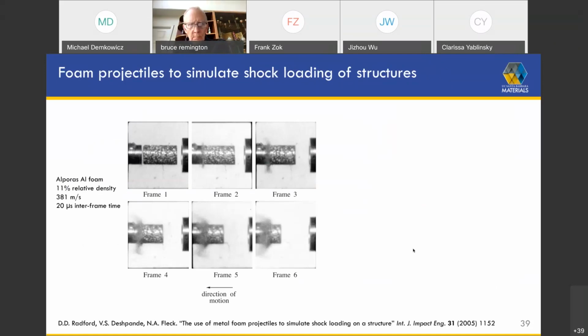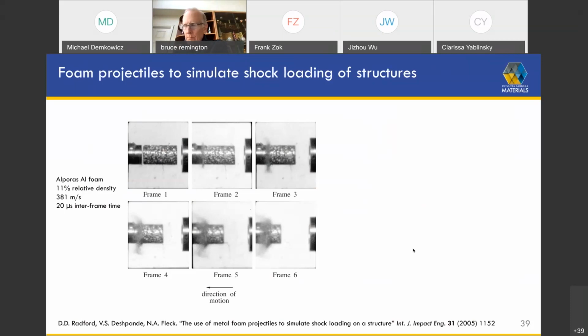Okay? So here we're often interested in managing not the stresses as we do with a hard impact, but rather in managing the momentum. Okay? So we're interested in the pressure time history associated with the loading, and that pressure is usually applied broadly over a large area rather than locally as you have with a projectile impact.